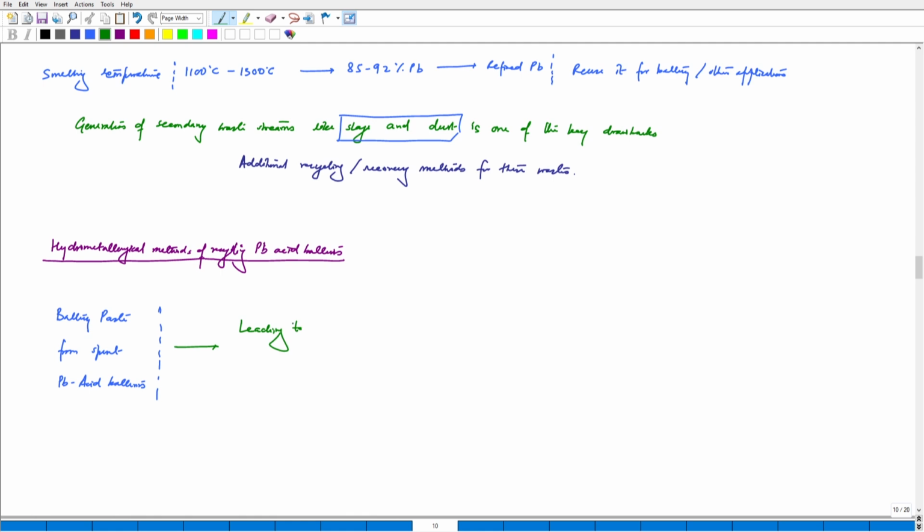And why do we want to do that? To recover metallic values and remove sulfur. When this is done, we have electrowinning or cementation.